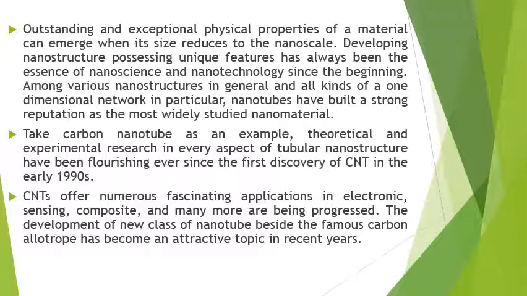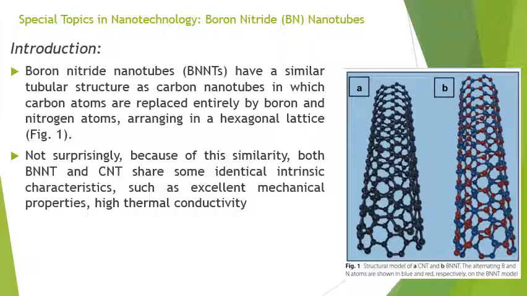The carbon nanotubes offer numerous fascinating applications in electronics, sensing, composites, and many more are being progressed. So the development of new classes of nanotubes besides the famous carbon allotrope has become an attractive topic in recent years. Right, now we'll see the second special topic in nanotechnology, and that is the boron nitride nanotubes.